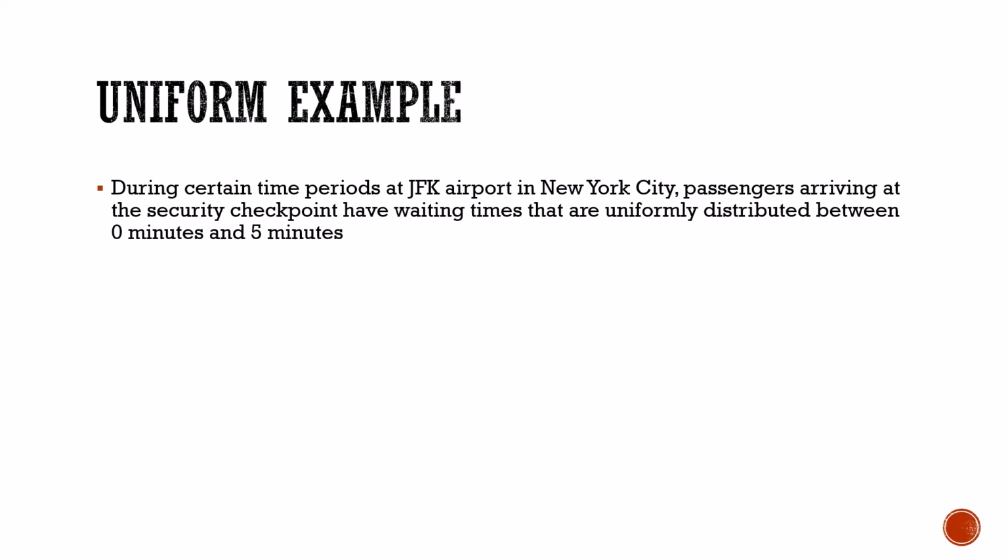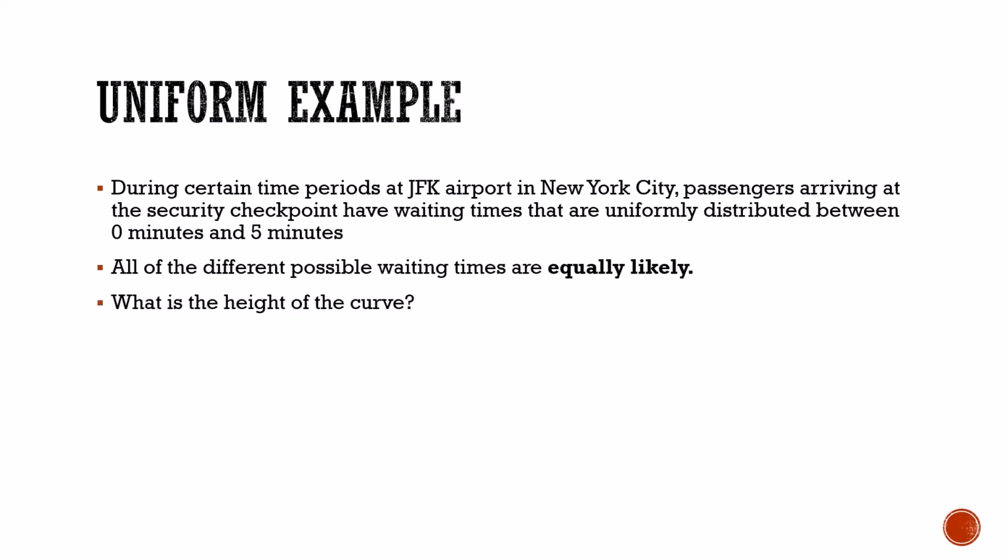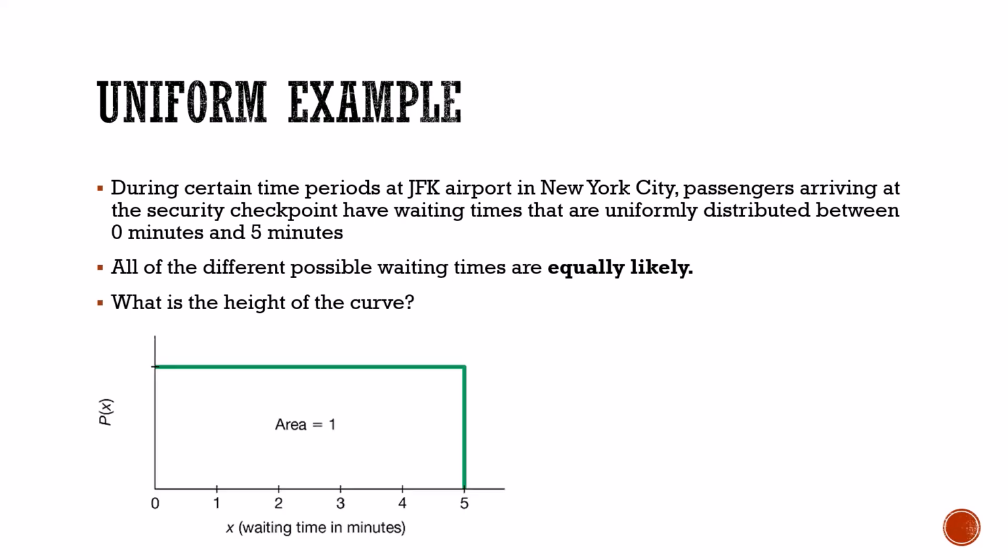Each waiting time is equally likely. A uniform curve looks like this, and the fact that this line is flat shows you each time is equally likely.